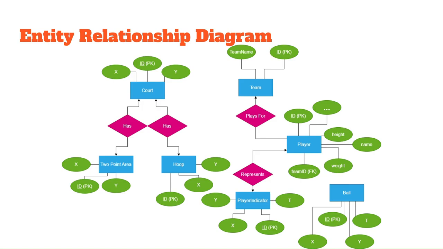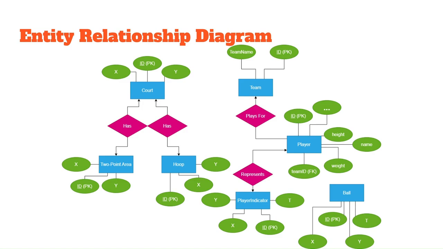As you'll see in a moment, the ball only appears during passing plays and when it is shot, and that's because we have a top-down view of the play, so the ball would be covered by the player, so it doesn't really make sense to have it. Moving on, let's cover the relationships.